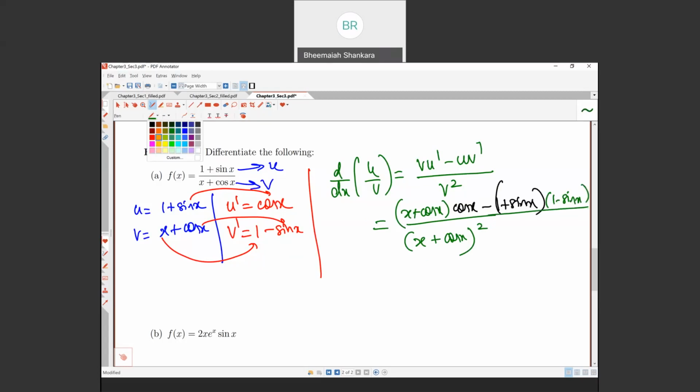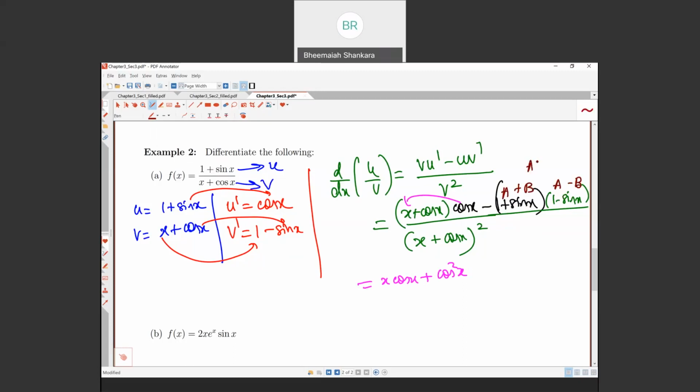After plugging in all the functions u, v and their derivatives u prime, v prime, let's simplify this. Cosine times x is x cosine x. Cosine times cosine is cosine squared. And the other function, I want you to read this carefully as the format a plus b times a minus b. The function a is 1, the b is sine x. Again, a is 1, b is sine x with a plus and minus sign between them.